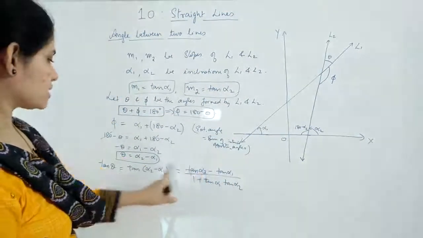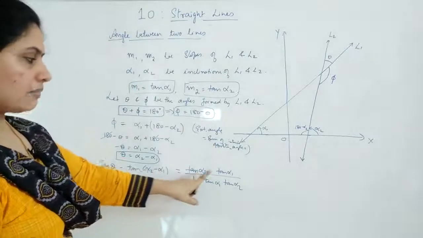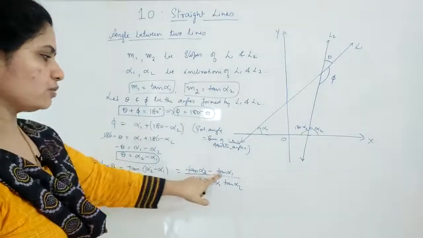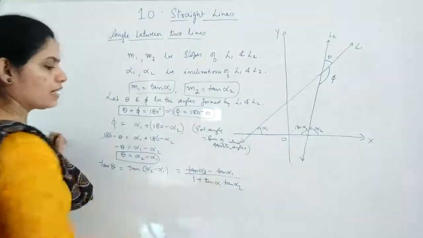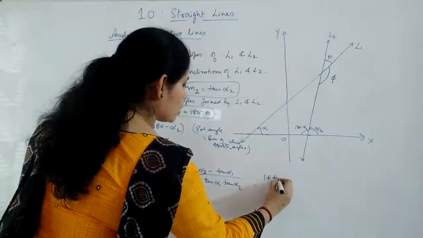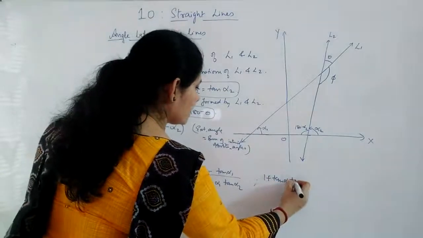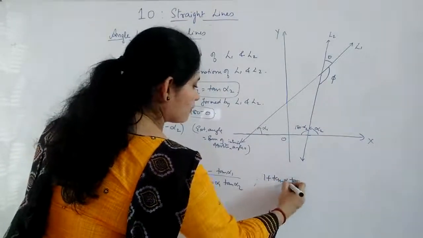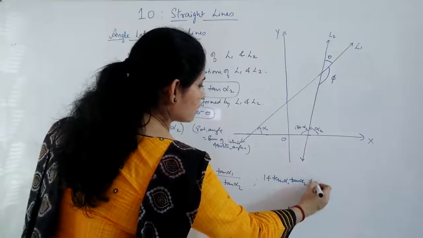So it is tan alpha 2 minus tan alpha 1 divided by 1 plus tan alpha 1 tan alpha 2, provided the denominator should not be equal to 0. That is, 1 plus tan alpha 1 tan alpha 2 should not be equal to 0.